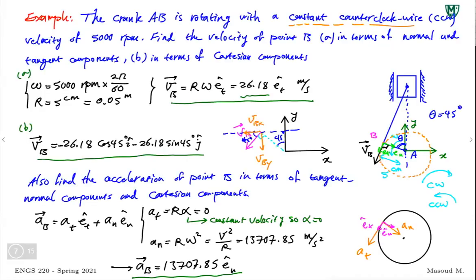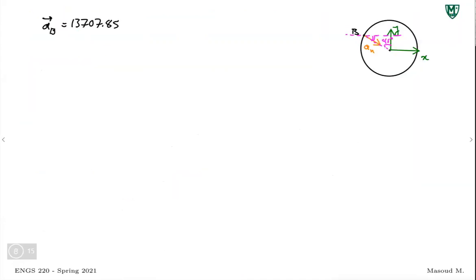The magnitude was 13707.85, I think. Let me double check. Yes. All right. So now you have to decompose this vector. You know the magnitude is 13707.85. You just have to find the components.